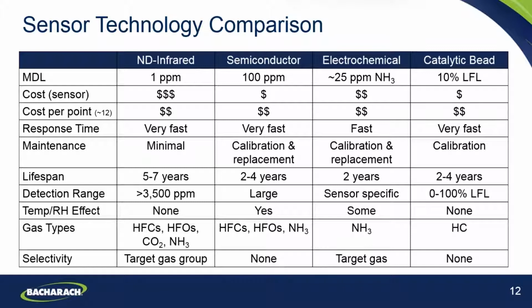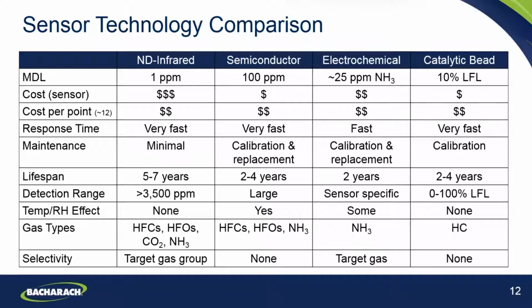As with the aspirated systems and with infrared sensors, you just have a single system with a single sensor in there and sample tubing to run to each of the points where you're looking to detect any leaking refrigerant. With the other sensor types, the semiconductor, the electrochemical, and the catalytic bead, you would typically be installing 12 instruments into each of the required locations, so the cost does start to balance out there.